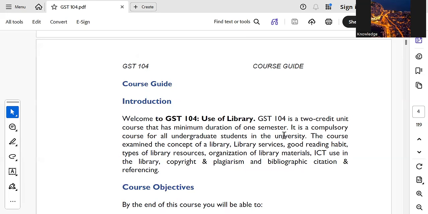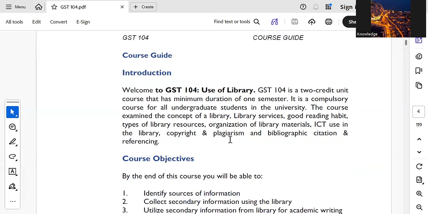It is compulsory for all undergraduate students in the university, regardless of whether you are from Faculty of Science or Management Science or Computing or Education or Health Science. Regardless of your department, you will do GST104. So let your mind be ready.